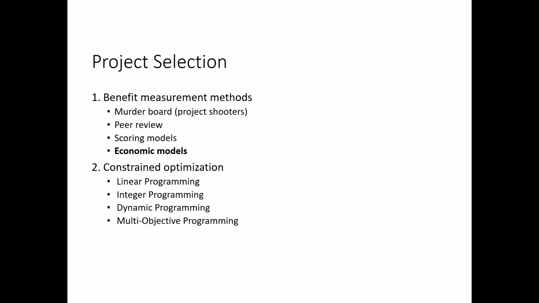And then we have the project selection, like benefit measurement methods like murder board, peer review, score models, economic models, and then constraint optimization, linear programming, integer programming, dynamic programming, multi-objective programming.